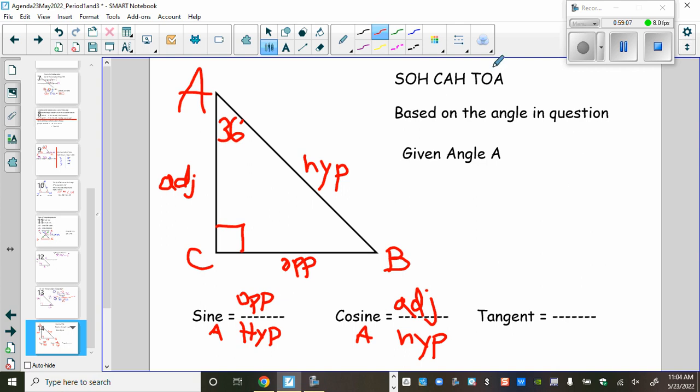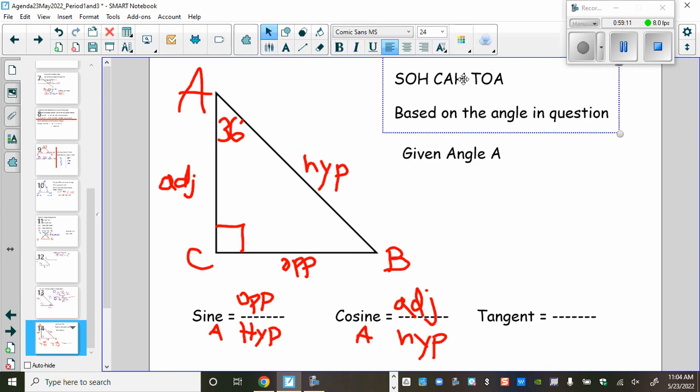And then for the tangent, what I tell everybody is, in fact, I'm going to make this a little easier for everybody.